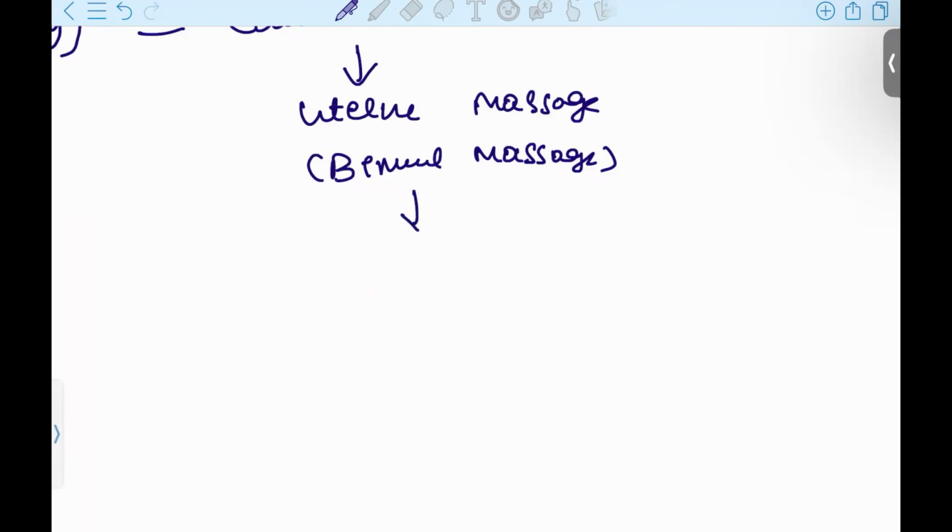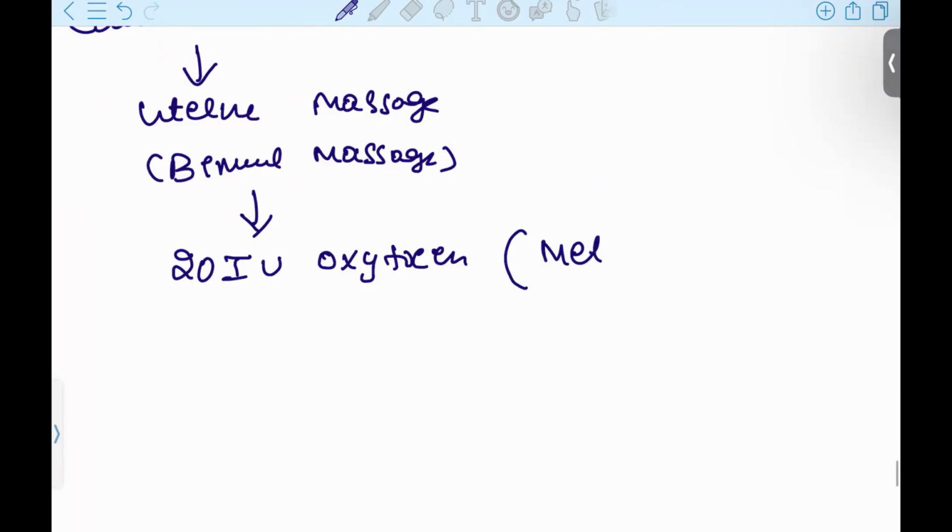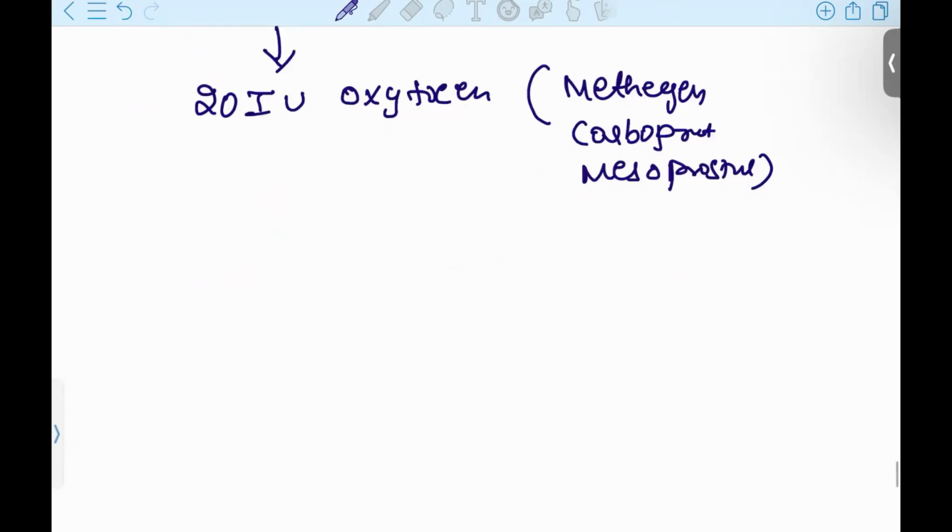Then what we can do: give 20 international units of oxytocin immediately, IM, or if possible, you can go for methergine or carboprost. And lastly, we can also go for misoprostol. These drugs can be given for uterine contraction.